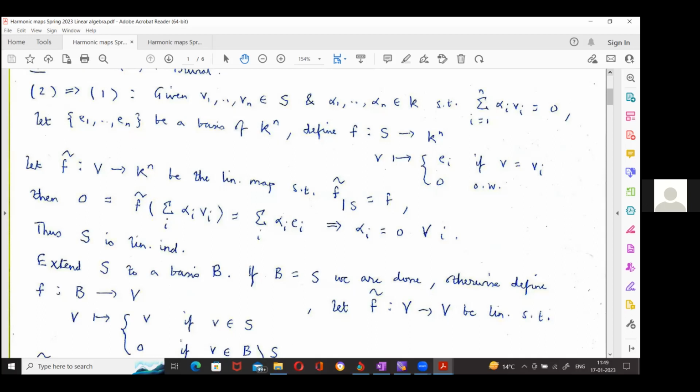So that's what we proved in two parts. First, we proved that S is linearly independent. Second, we proved that S spans. That's what we did. We used that S is linearly independent in order to prove that S is a basis.